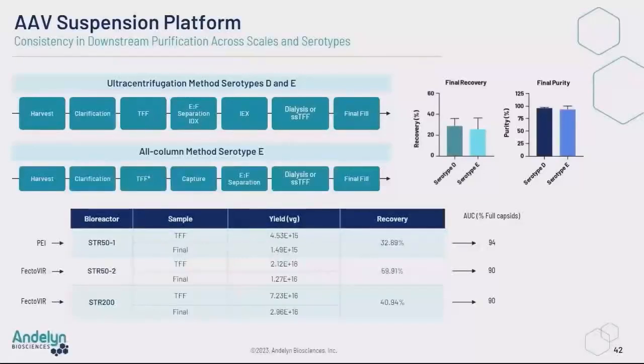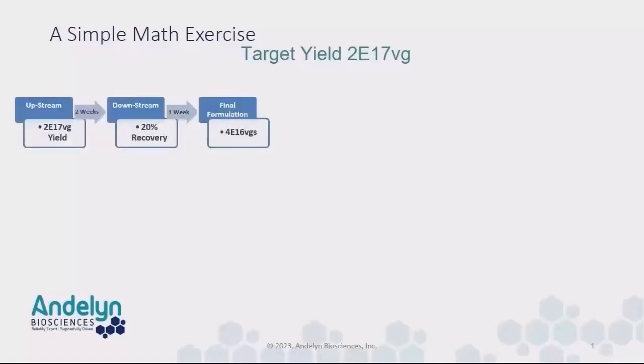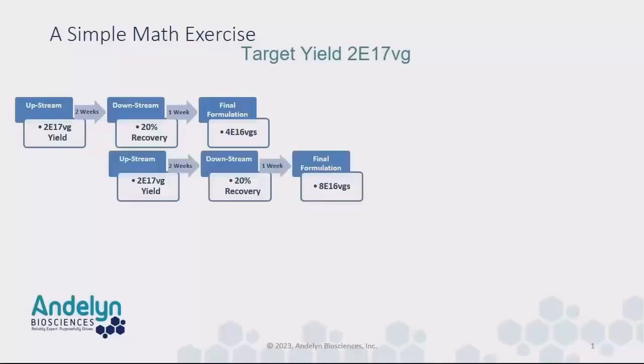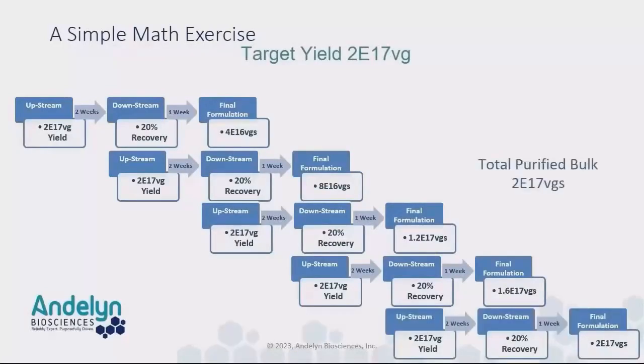So, what it boils down to is really a simple math exercise. If we have a campaign where we're trying to target a yield of 2e17 viral genomes, which is not at all scary in terms of the overall yield requirement, it's very easy to do in a scale out sense, where if we're able to get 2e17 VGs in our upstream with a 20% recovery in our downstream, all we need to do is scale this out to 5 sublots to achieve that final purified bulk yield of 2e17 VGs.